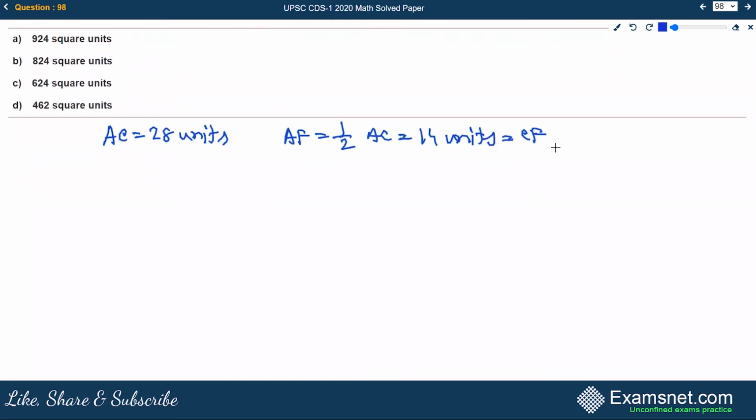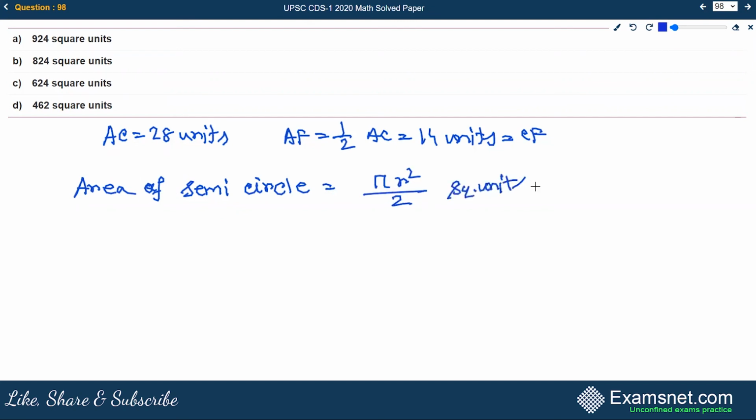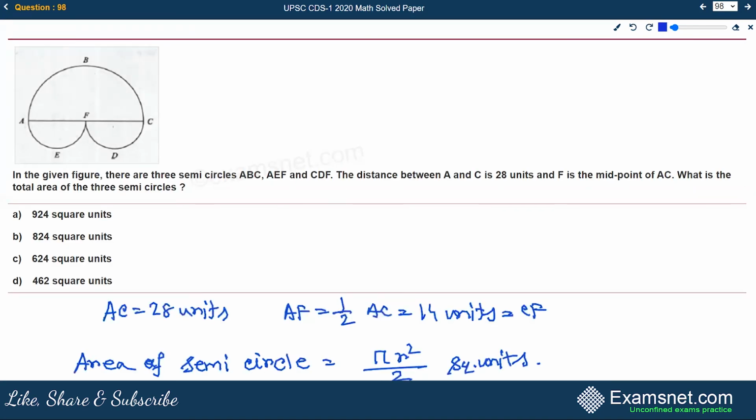Now the formula for finding the area of a semicircle is pi r square by 2 square units. We will use this here. Now let's talk about the semicircle ABC.